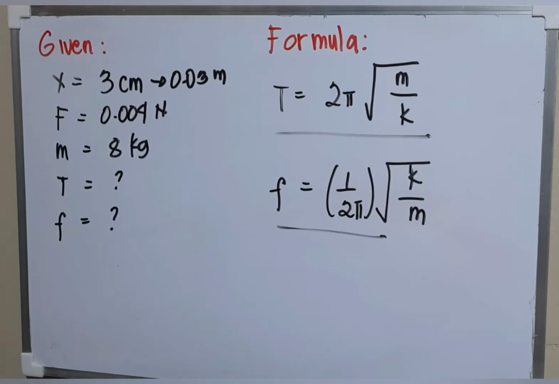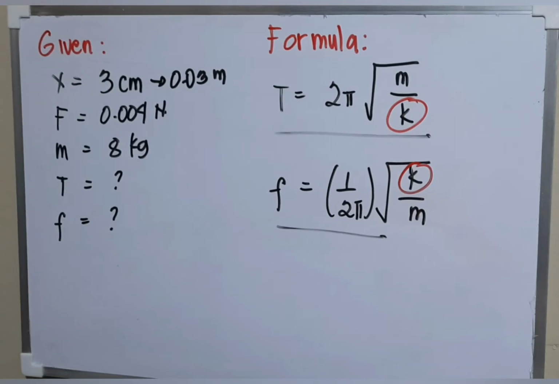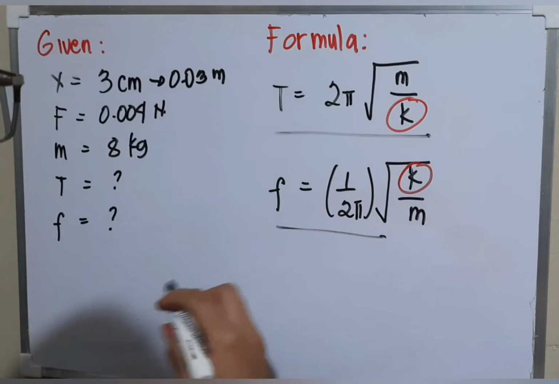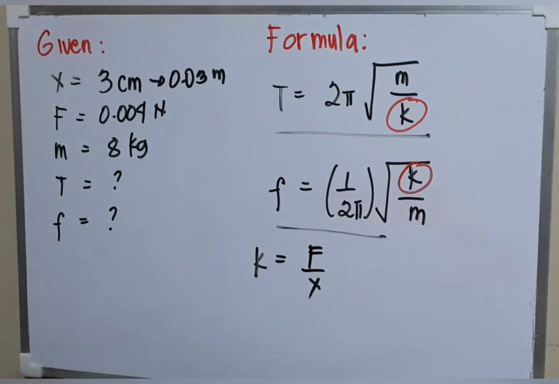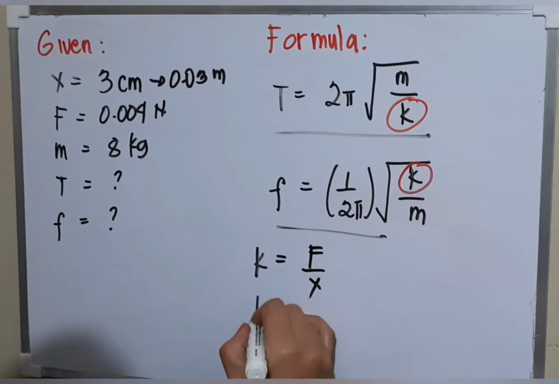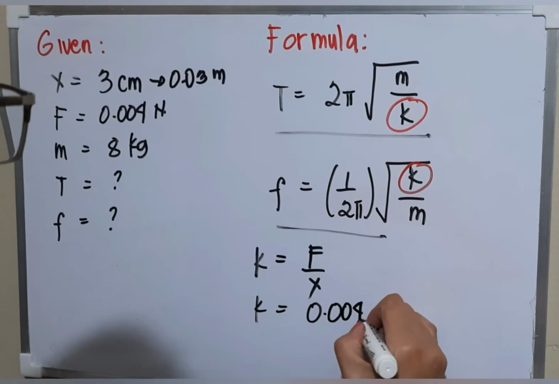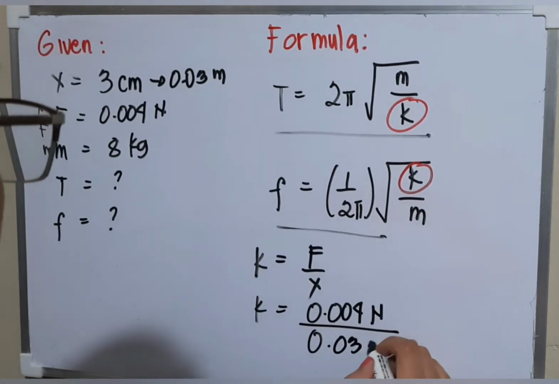By merely looking at this, you can see that we have the value of K. And if we go back to the given, there is no value for K provided here. Therefore, it's necessary for us to solve it first. For us to solve for the value of K, if you still remember the formula a while ago, K is equal to F over X. Now, we substitute the value of F: 0.004 Newton over the value of X, 0.03 meters.